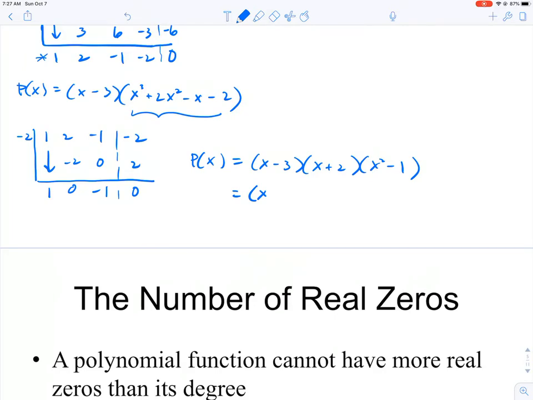So since x squared minus 1 is the difference of two squares, that'll factor to x minus 1 times x plus 1. So now we have factored p of x completely over the real numbers. And we can now easily identify what the real zeros of p of x are, right? They're 3, -2, 1, and -1.